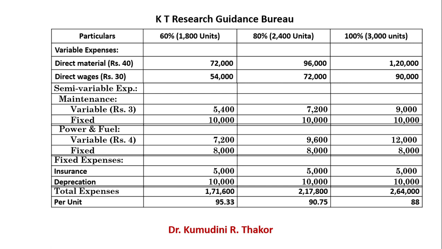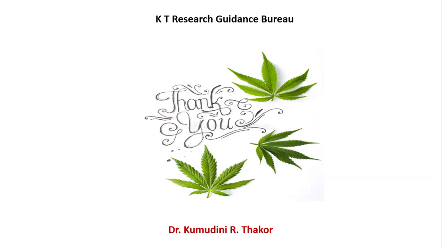So what is the objective of preparing a flexible budget? It indicates that if you utilize more production capacity, then what is the impact on profit as well as per unit cost. I hope you followed both examples very nicely.